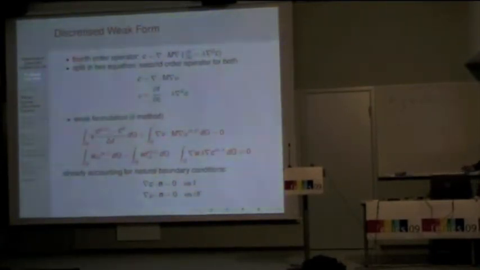As you can see, it's a fourth order operator, and we decided to split it in two equations, both of second order, both containing a second order operator. This is the first one, this is the second one, and this is the weak formulation. We obtained it discretizing in time with a theta method scheme.